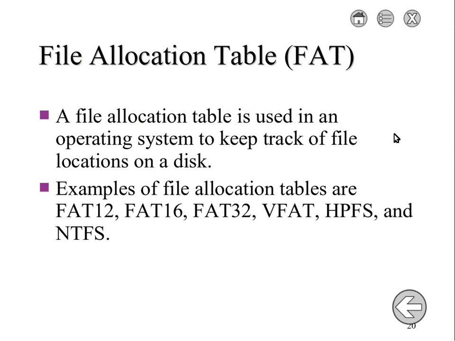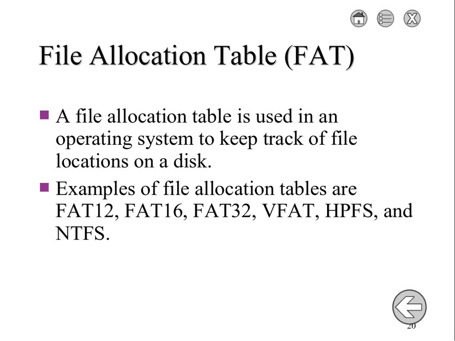How does the operating system keep track of all those different files? That's a lot of stuff, a lot of information. Well, it does that through a thing called the File Allocation Table, or FAT. And it's a table that locates each of the files and all the things that are in the file.